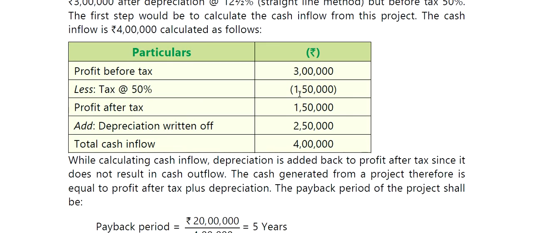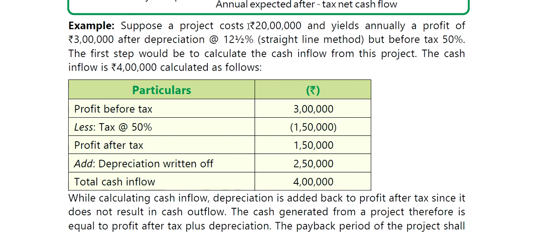Here, you deduct tax from the profit before tax, then you have to add back depreciation. This cash flow of 4 lakhs is to be considered. Let's say your project cash outflow is 20 lakh, tax is 50 percent, and profit before tax is 3 lakhs.